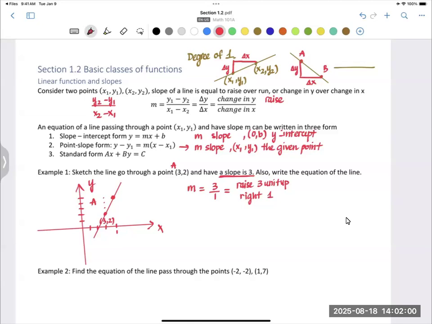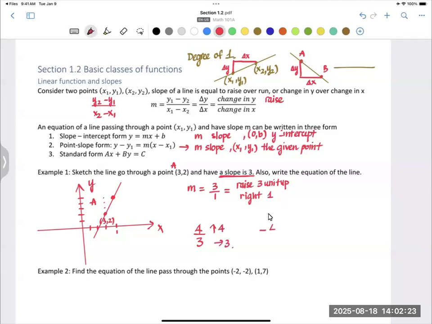If you have your slope as a fraction, then you go up whatever the numerator is. For example, if I have 4 over 3, then this will tell you to go up, oops, not up 3, up 4 and right 3.